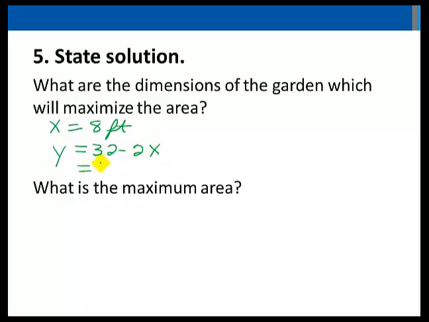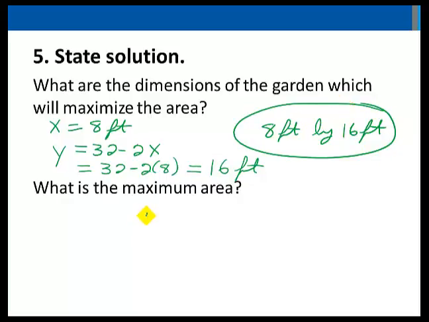So we'll plug in 8 for x here. 32 minus 2 times 8 is equal to 16. So a y value of 16 feet is going to give us the length that results in the maximum area. So our dimensions of the flower garden will be 8 feet by 16 feet.